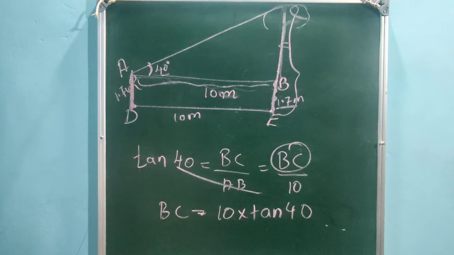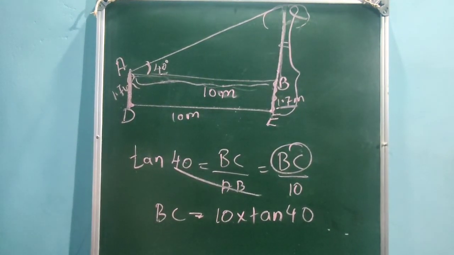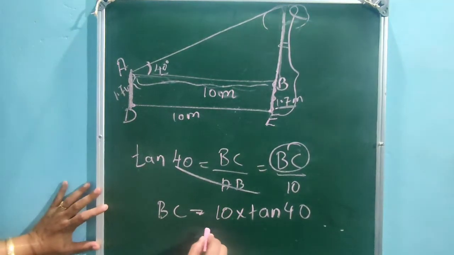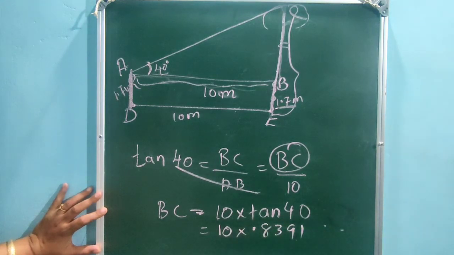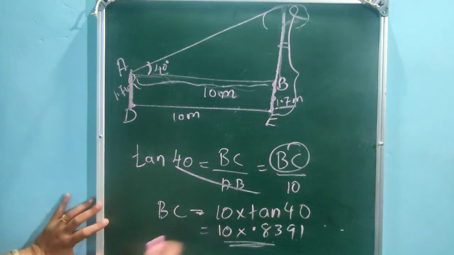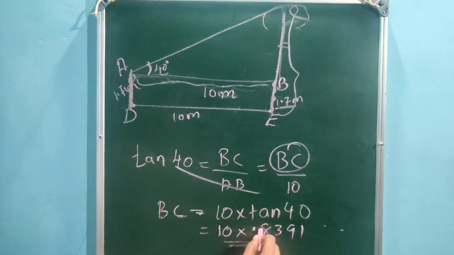From the table, we have the value of tan 40, and the value of tan 40 is 0.8391. So BC is equal to 10 into 0.8391, and if we multiply a decimal number by 10, we just move the decimal place to the right side.